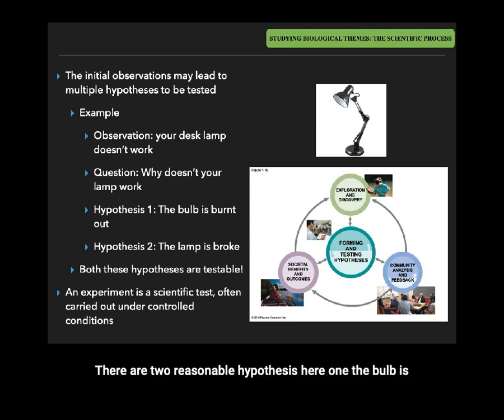There are two reasonable hypotheses here. One, the bulb is burnt out, and two, the lamp is broken. Both of these are testable hypotheses. You can form predictions here as well. The bulb hypothesis leads us to predict that changing the bulb would then cause the lamp to turn on.